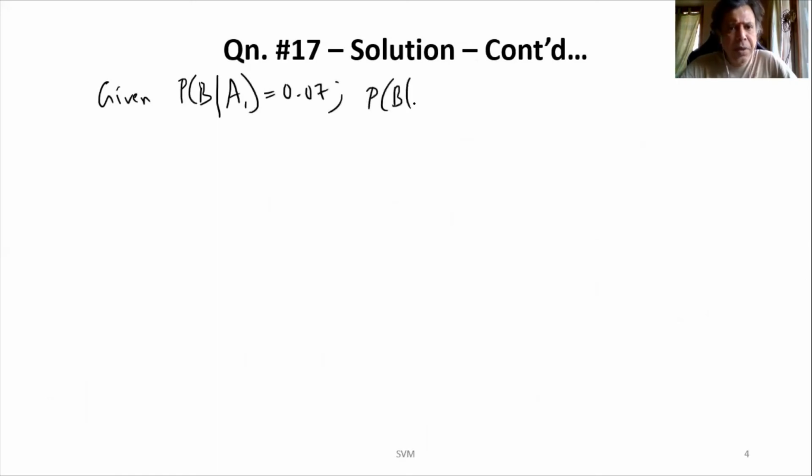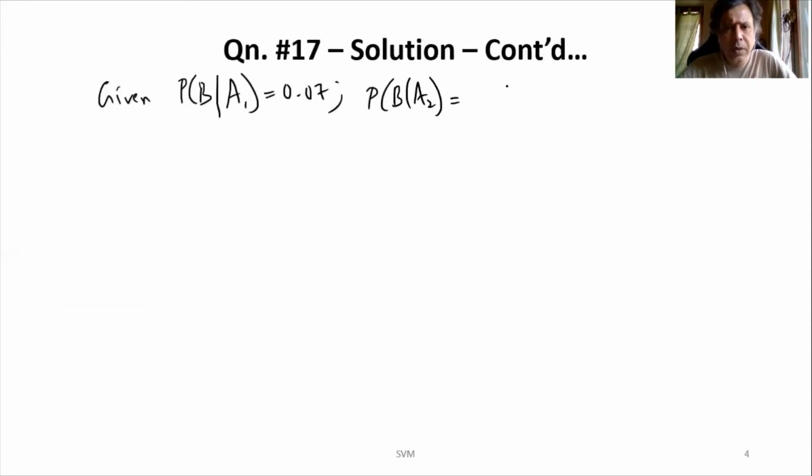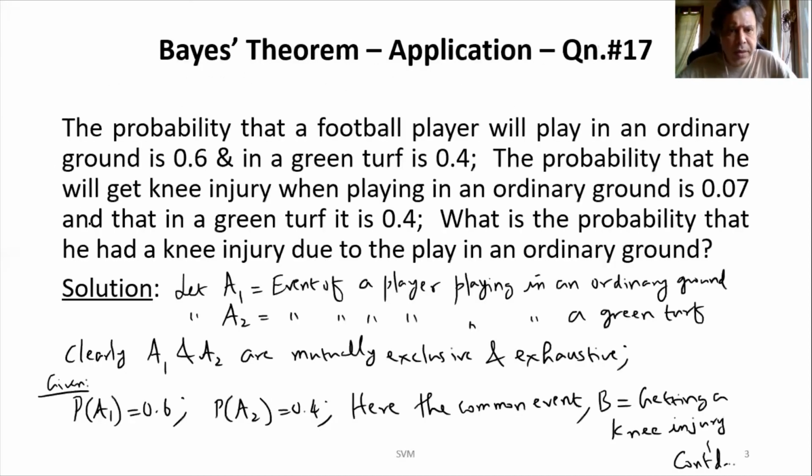Same way, B given A2 is also given. It is given as 0.4. Now, what is the question asked? What is the probability that he had a knee injury? This has already happened. That means B has already happened.